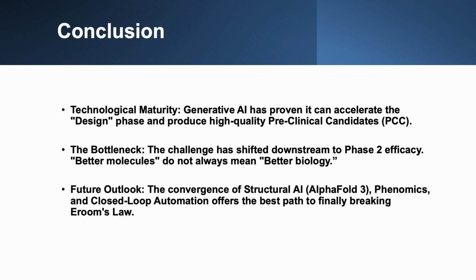We can make molecules fast, but we need to ensure they hit the right biological targets to survive Phase 2. The third, future outlook. The convergence of structural AI like AlphaFold 3, phenomics, and automation offers our best path to finally breaking Eroom's law.